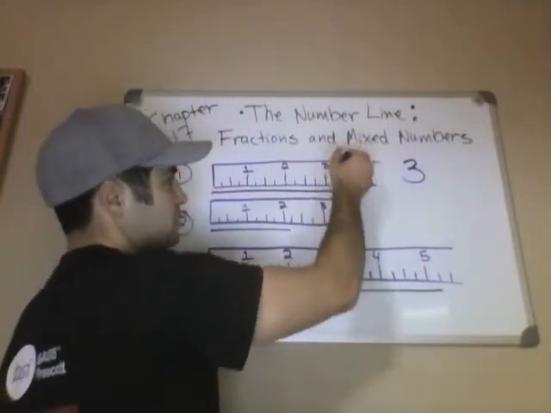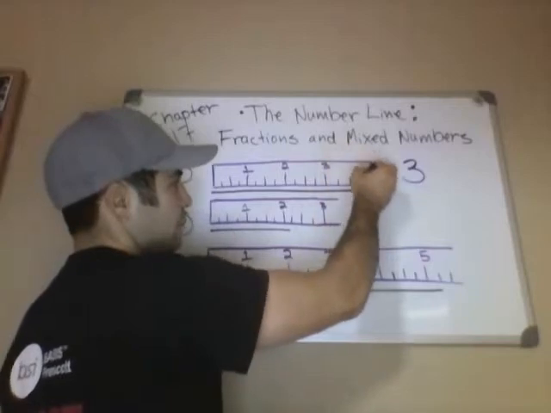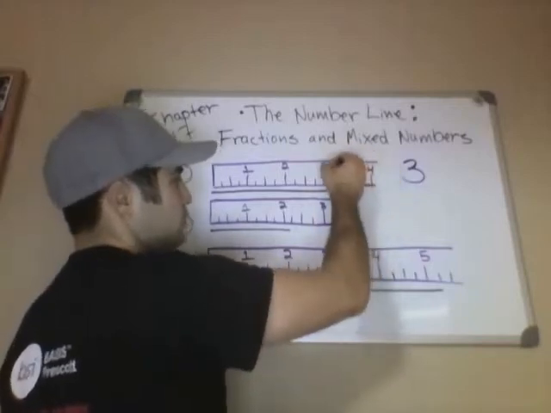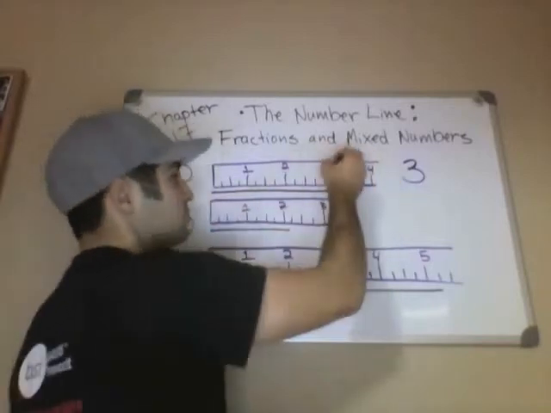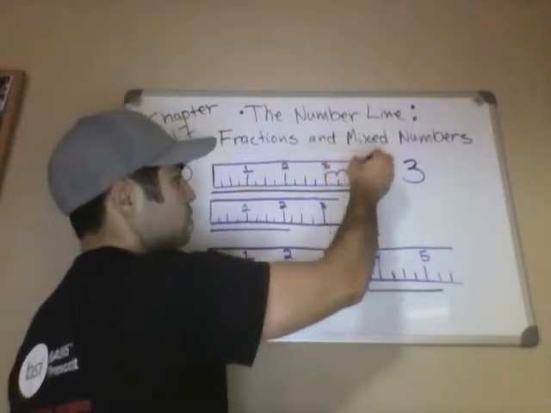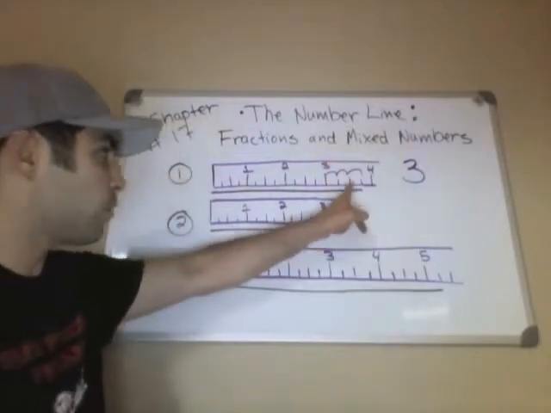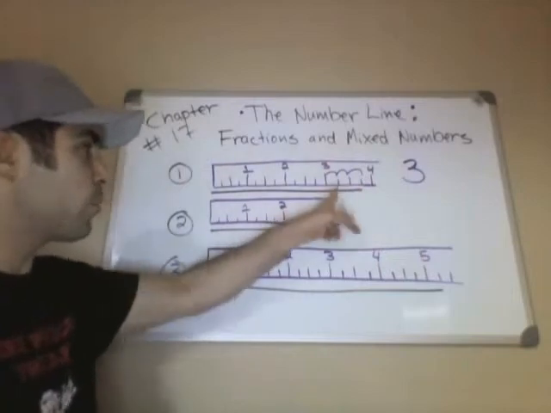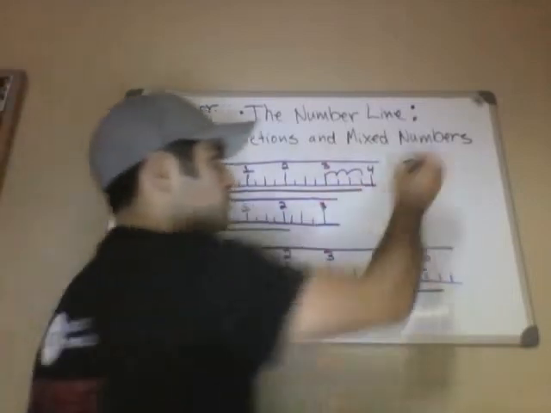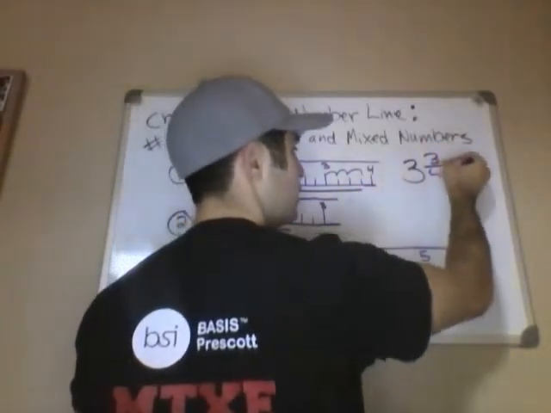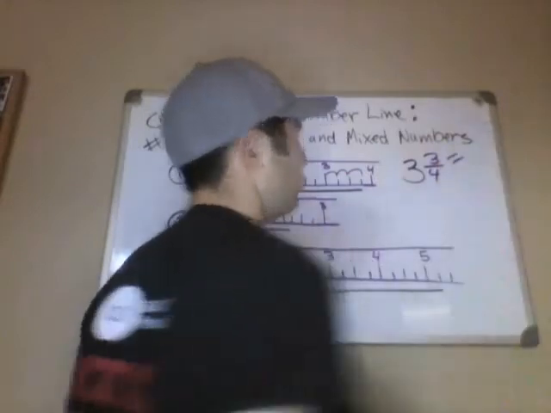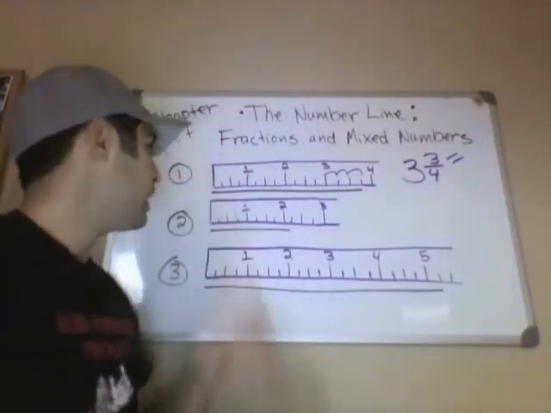So let's see, this is 1/4, this is 1/2, and this is 3/4. Remember, count the spaces, not the lines. So this is 1, 2, 3/4. Usually the quarter right past a half is 3/4. So this is going to be 3 and 3/4 of an inch.